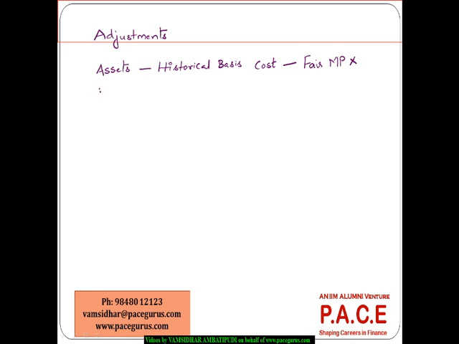But with the changing accounting standards, especially what is called the International Financial Reporting Standard, which we'll discuss, there has been a lot of focus towards the fair market value of the assets. The fair value of the assets results in making adjustments, doing the revaluation of the asset, adjusting it to the market value: increasing the value of the asset if there is an increase, or decreasing it if there is a decrease.